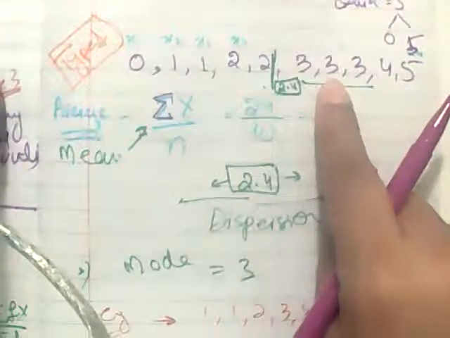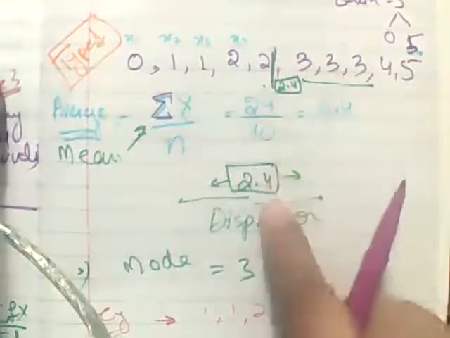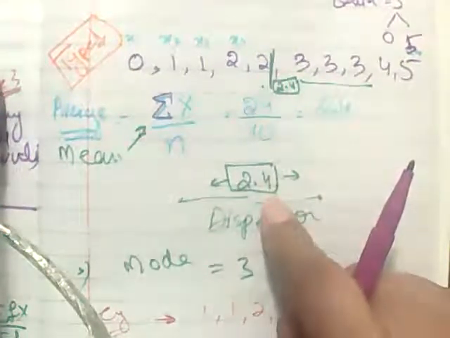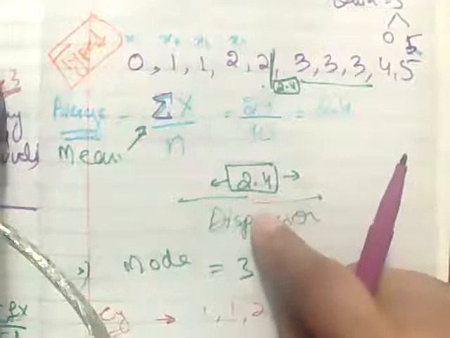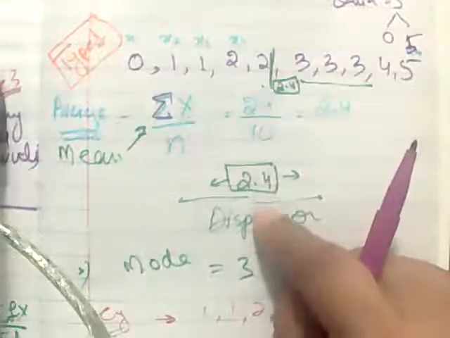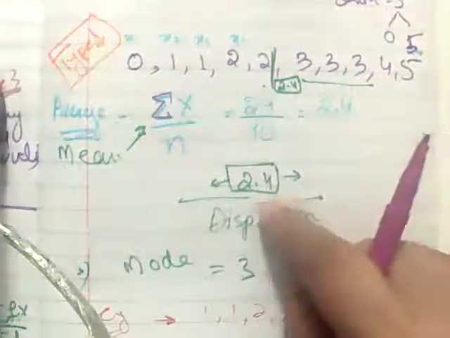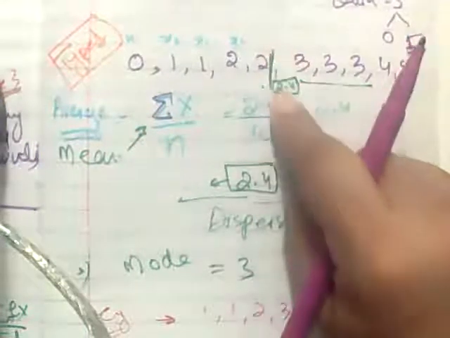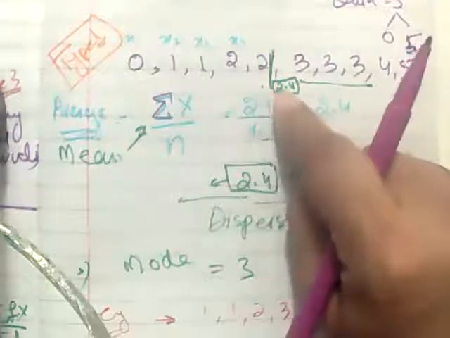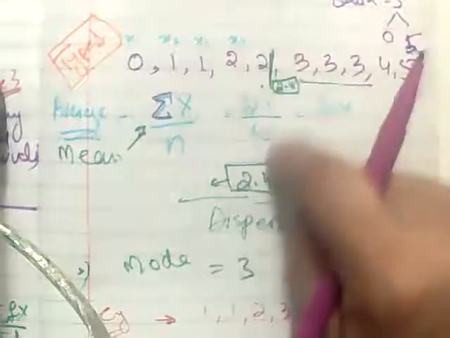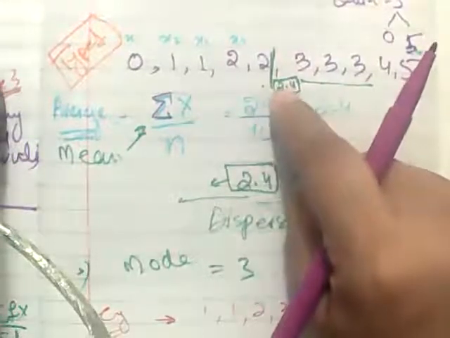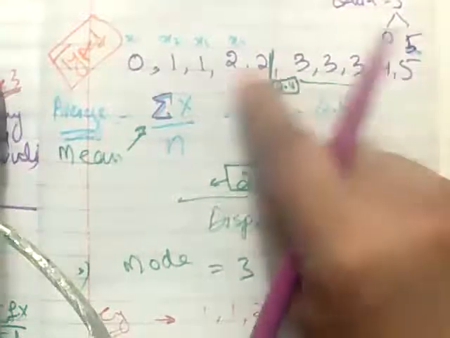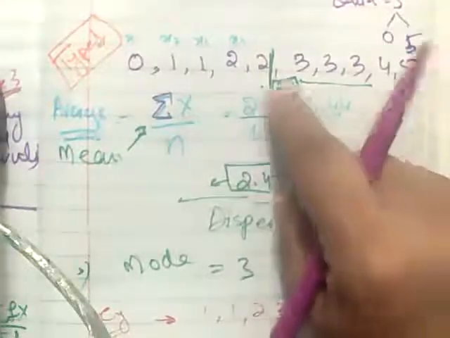None of the marks is in decimals, but mean marks, median, that can come in decimal. So what this 2.4 is showing is that more marks are around 2.4.